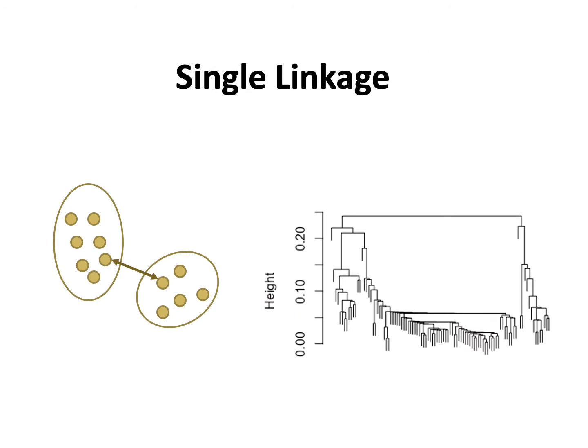The first one is called single linkage, also known as nearest neighbor linkage, because the distance you compute between the groups is the minimum of the pairwise distances between points from different groups. The tree that comes out is often elongated and has irregular clusters.